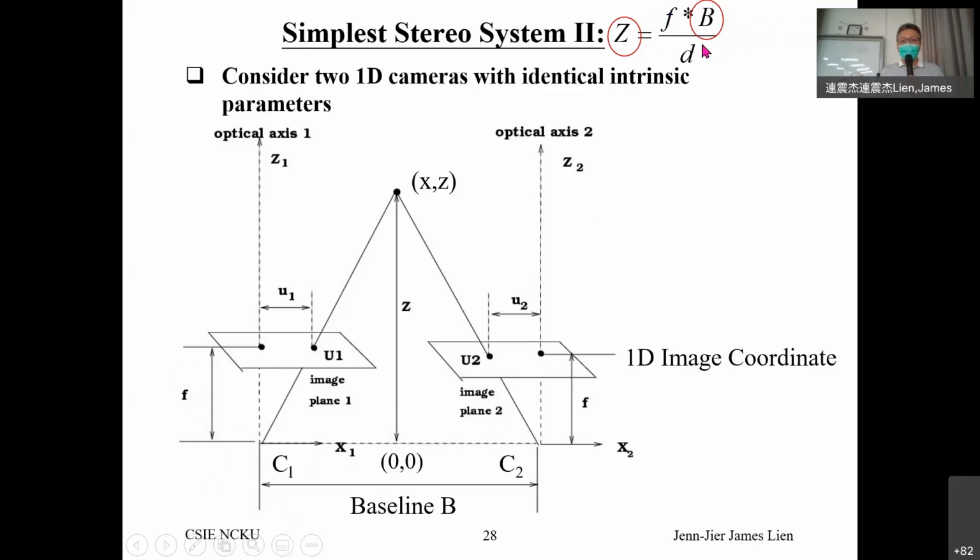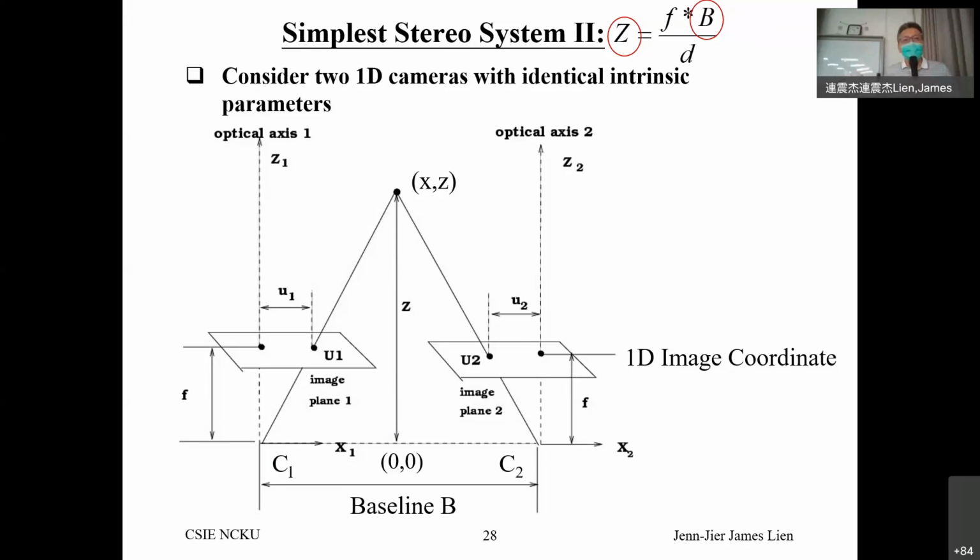So what we try to measure is the disparity D. After you measure disparity D, you get the distance Z. The next step is for this two-camera system. We assume the first camera system is the reference coordinate.